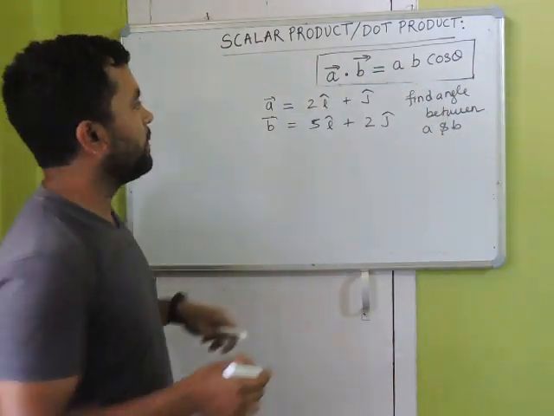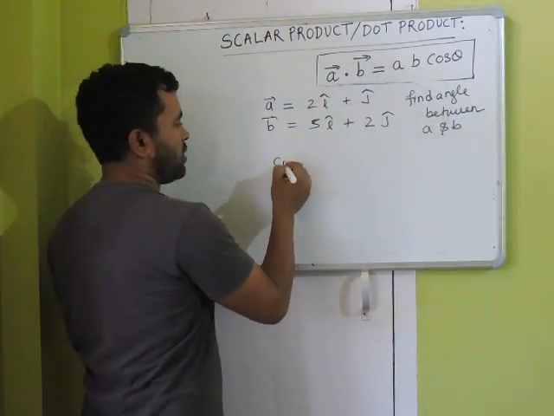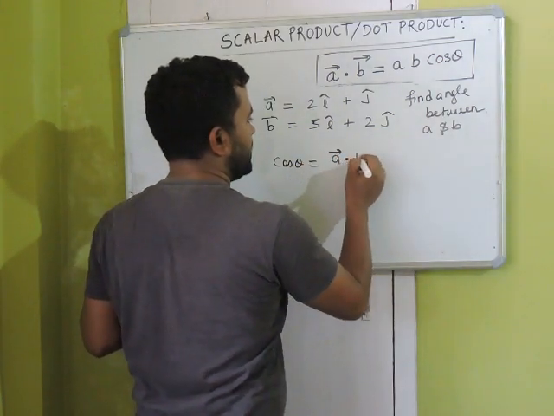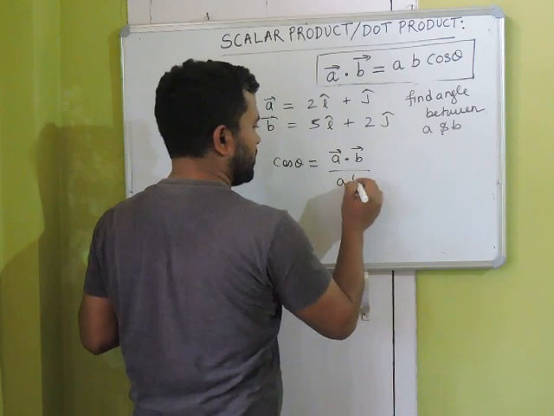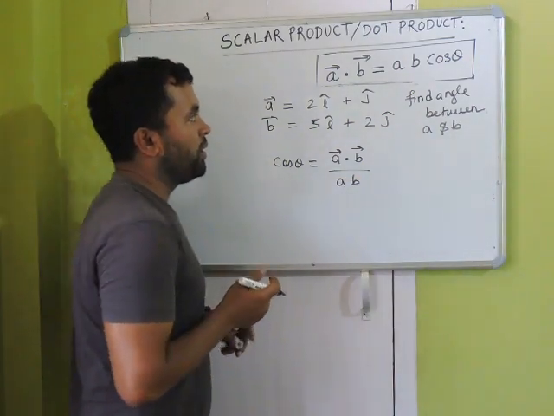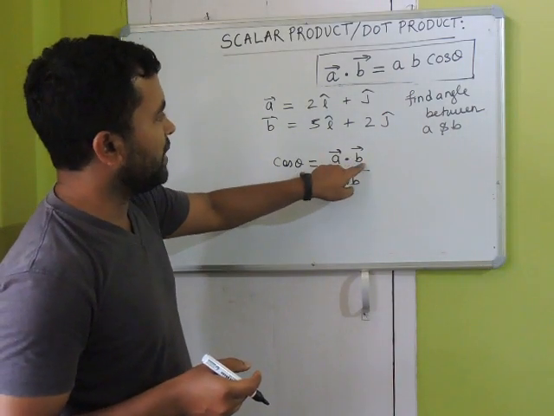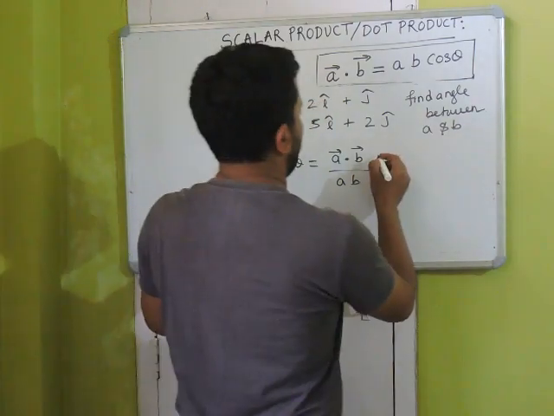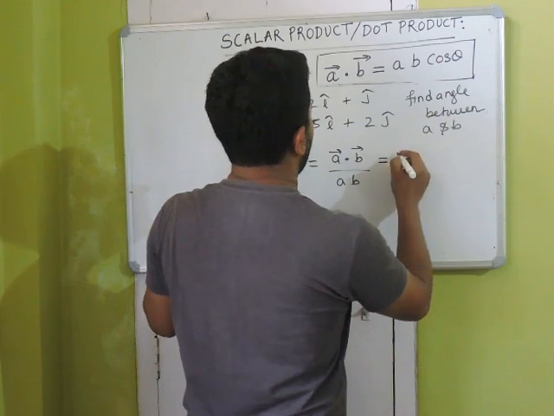So if you see from this expression, cos theta is equal to A dot B by magnitude of A, magnitude of B. Now as I told you, A dot B, only this component will survive, right? So let us write it again.